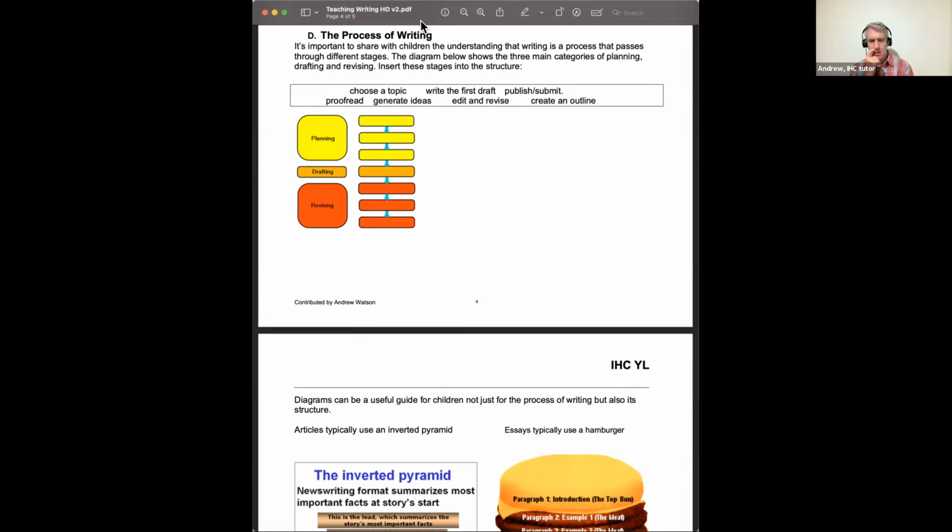What goes in the drafting section? We write the first draft.